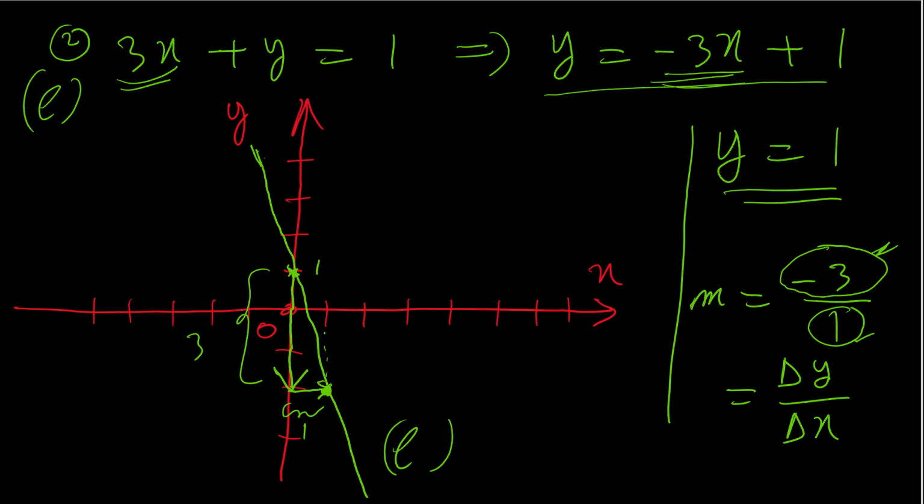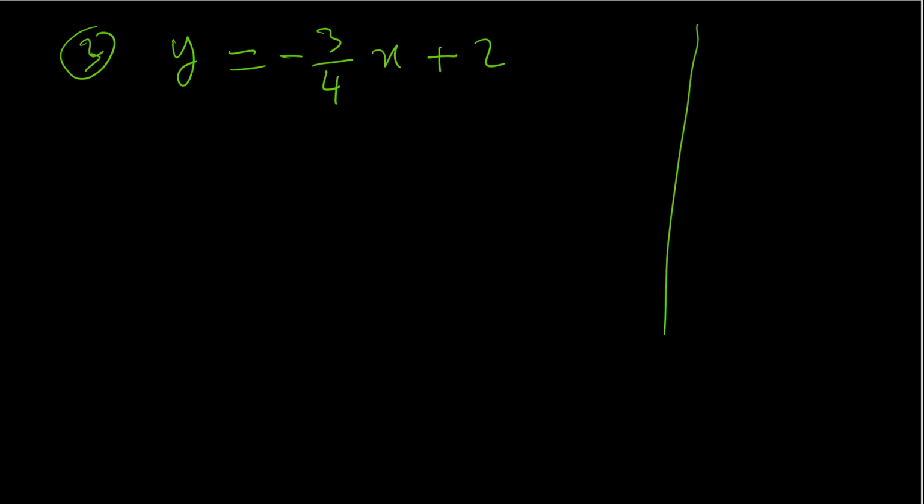Now we can pick another example. Let's pick the case of number 3, so we have y equal to negative 3 over 4 x plus 2. So in this case, if x equals 0, you have y equal to 2.